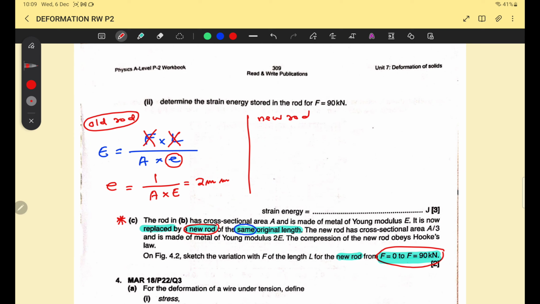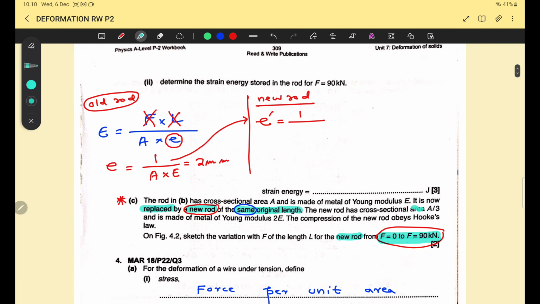What is the change for the new rod? If you read the question, for the new rod the area of cross section is A upon 3. So I am writing A upon 3 as the area of cross section for the new rod, as well as the new rod has Young modulus 2E.